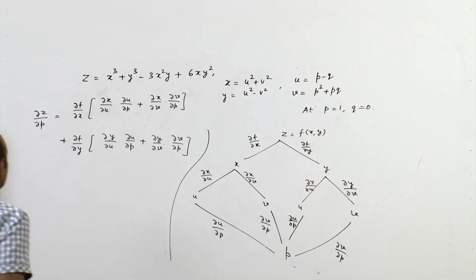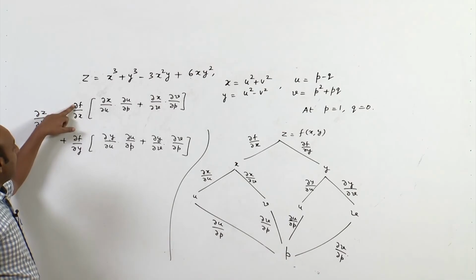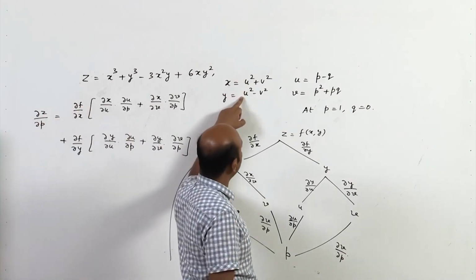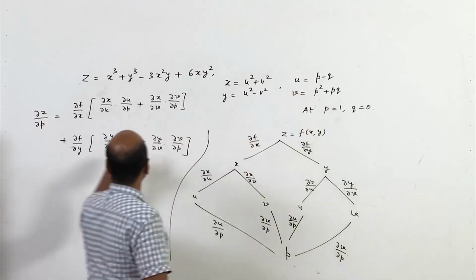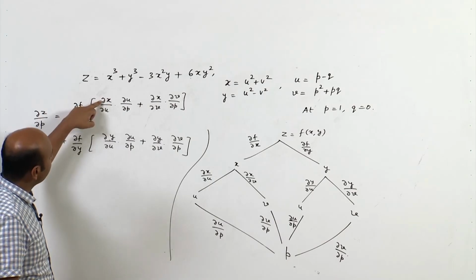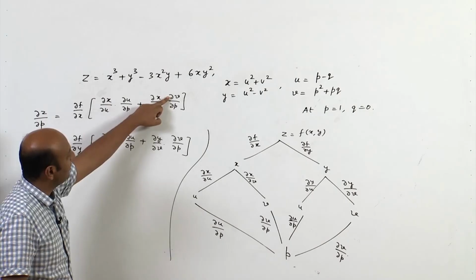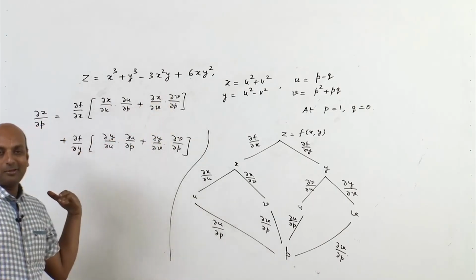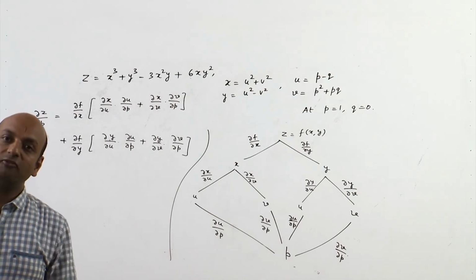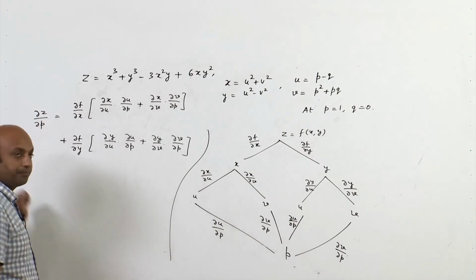You can see from here also that f is a function of x and y, and x and y are functions of u and v, which in turn are functions of p and q. So, del z by del x into del x by del u with p and del x by del v with del v by del p, because x and y both are functions of u and v, and both are functions of p if you are talking about del z by del p.